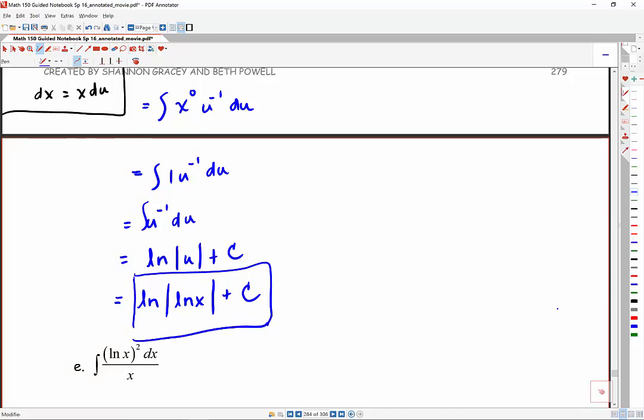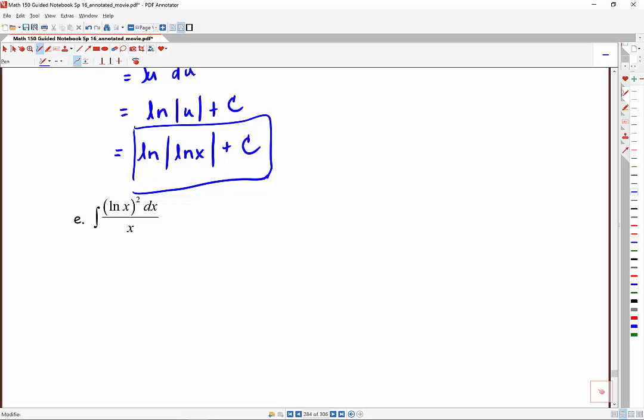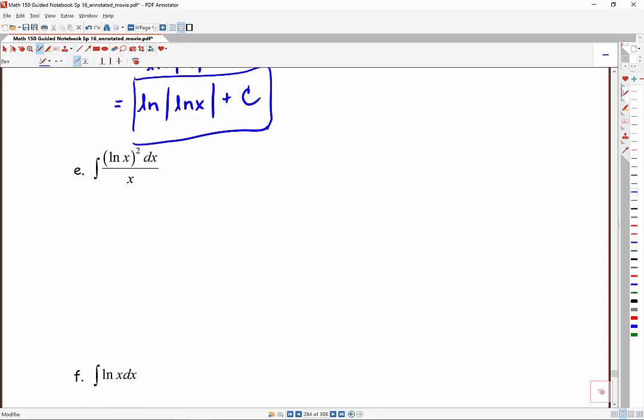All right. So now, what do you think we might want to try here? And, feel free to pause the movie and try these on your own. So here, again, if you rewrite it all as a product, you'd have the integral of x to the negative 1, quantity natural log at x squared, dx.